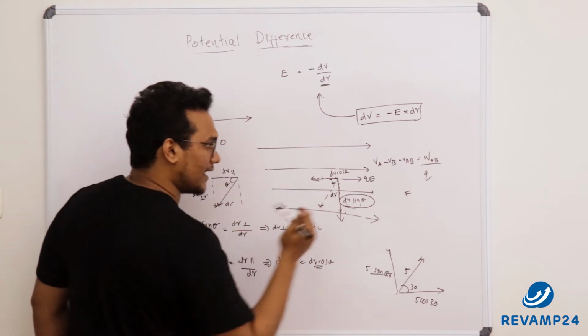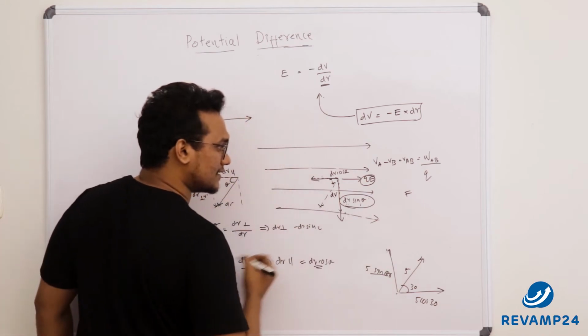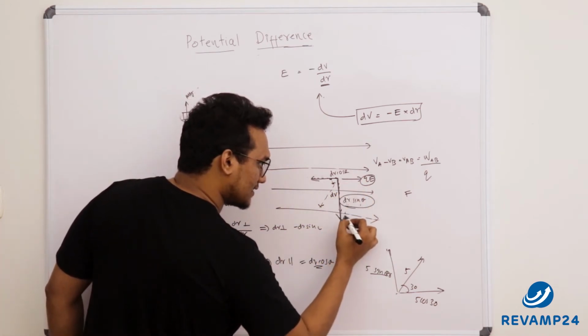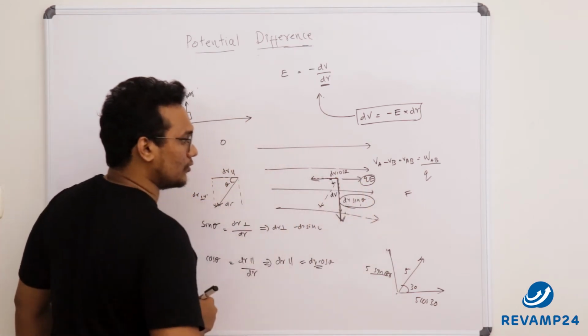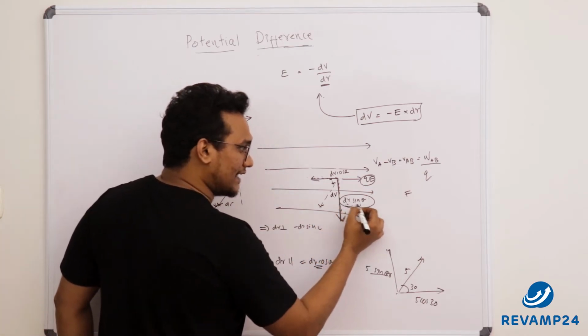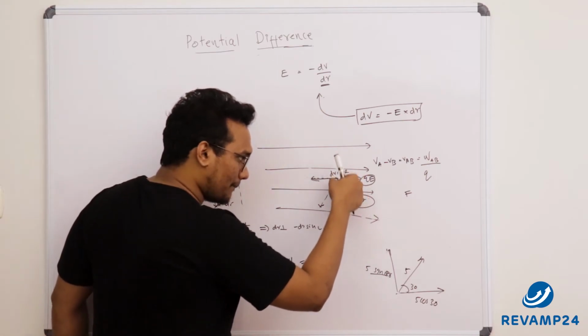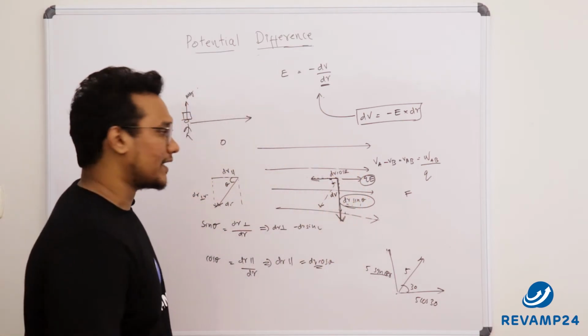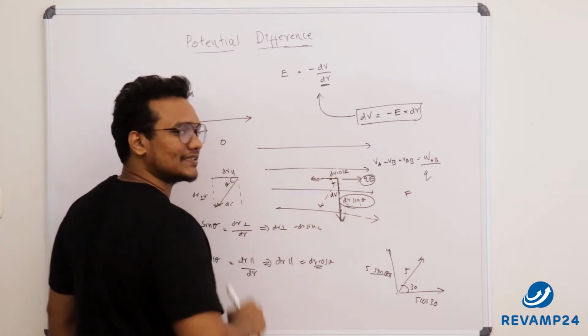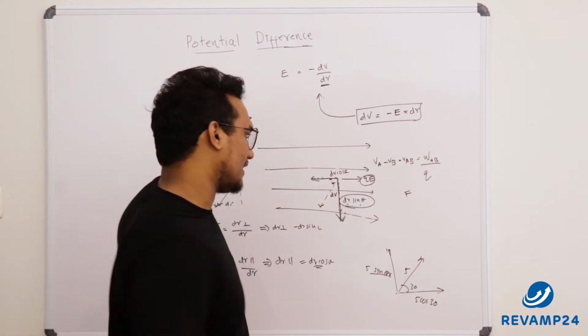So it's the same case. QE is in this direction and this displacement is perpendicular to QE, which means for dr sin theta we don't need to do any work because it is perpendicular. But for dr cos theta, there will be work done. Clear?